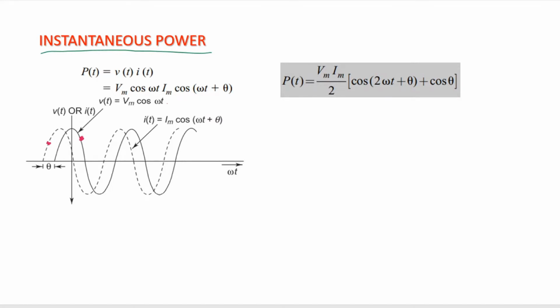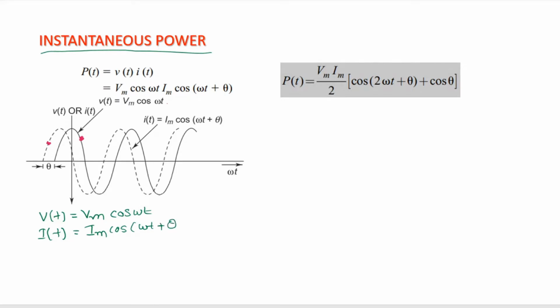V of t is equal to Vm cos omega t. And what is I of t? I of t is equal to Im cos omega t plus theta.